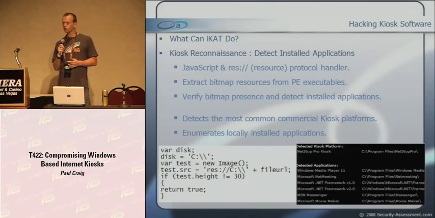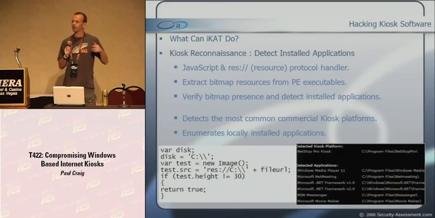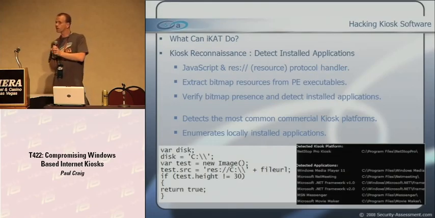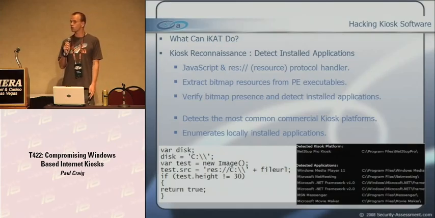I use the resource protocol handler to pull out bitmap resources out of an executable, and I verify the height of the extracted bitmap. So if I can prove the bitmap exists from the executable, then I know the executable exists. If the executable exists, then I know the app is installed.